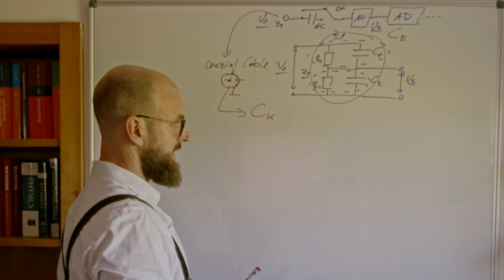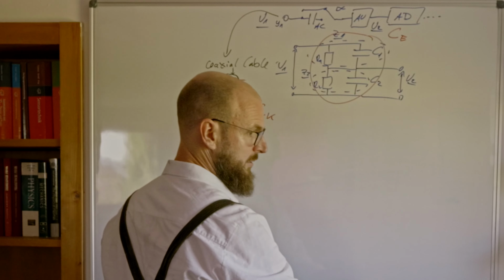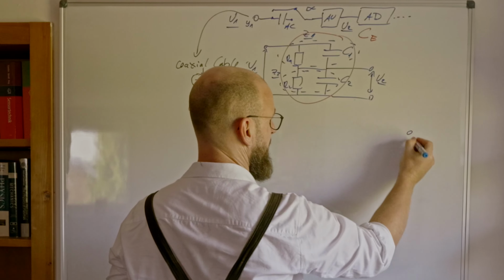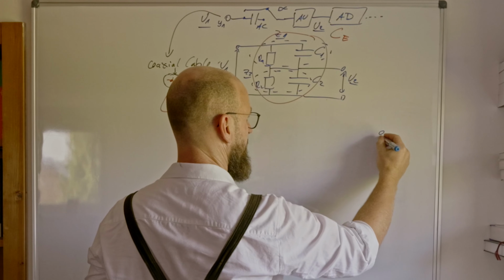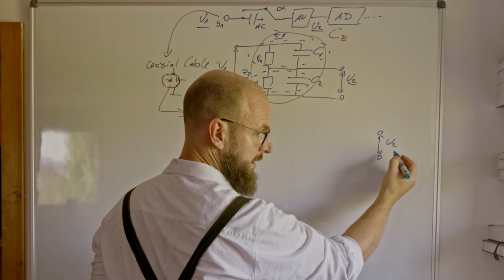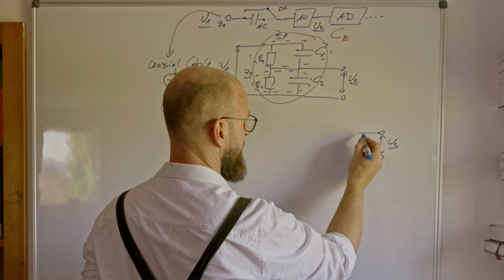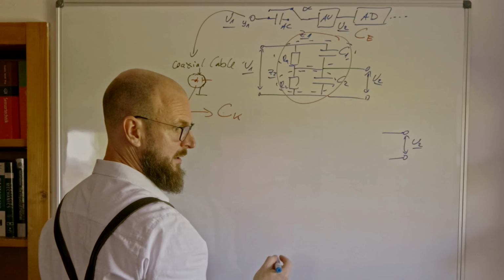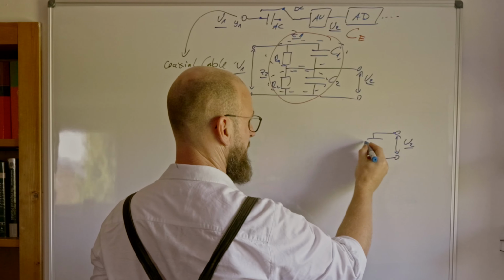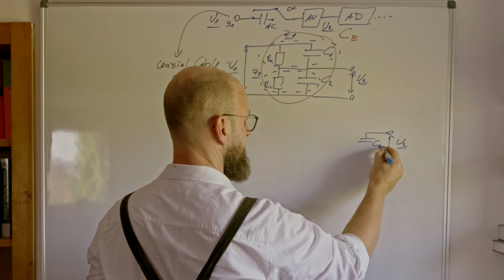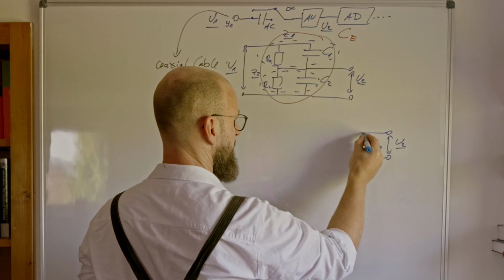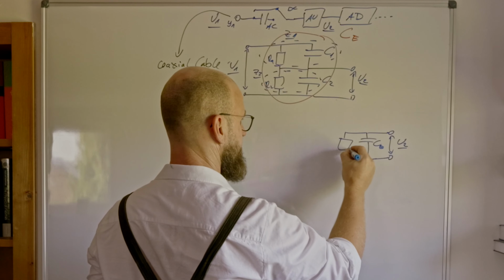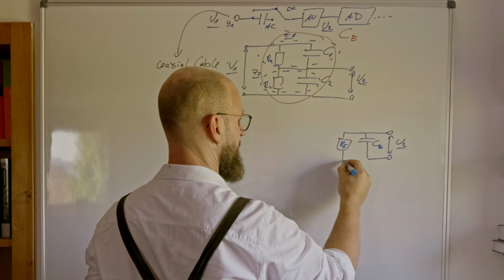So let's sketch what we see. Coming from our U2 signal we are taking over here, that is somewhat taken from an internal capacitance CE and the internal resistance RE of the oscilloscope itself.